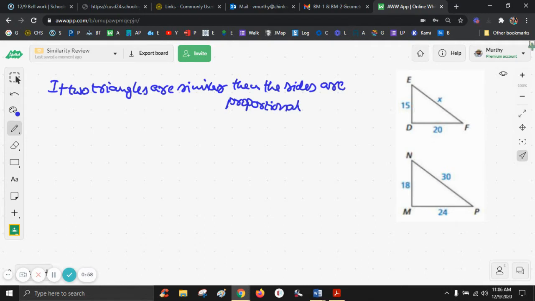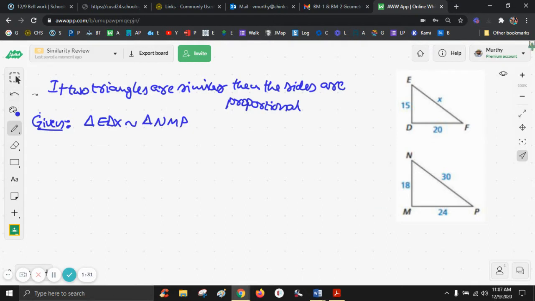Let's say that in the given question, triangle EDF is similar to triangle NMP. Say that these two are given similar. If these two triangles are similar, as I told you before, then we can say that the sides are proportional. Sides are proportional means side ED over NM.